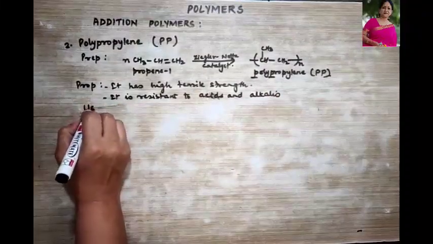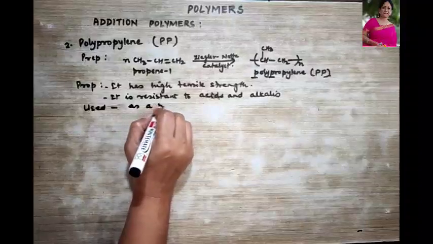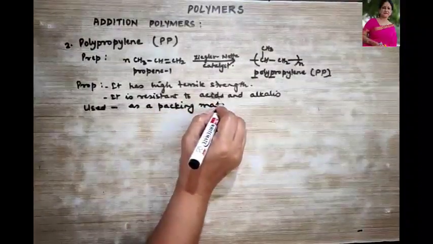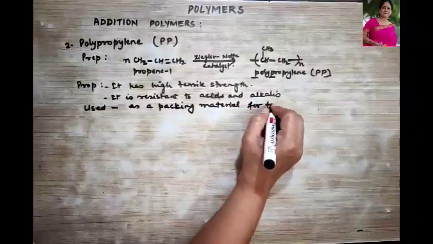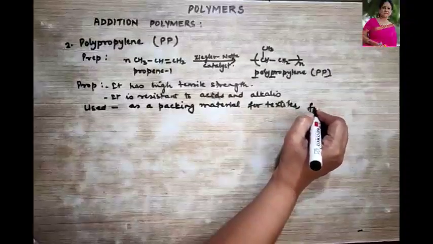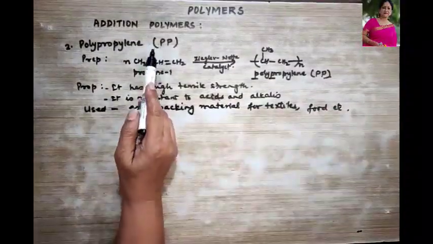Then as a packing material for textiles, for food, etc. How is PP formed?